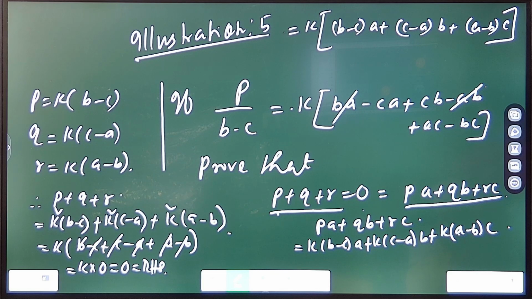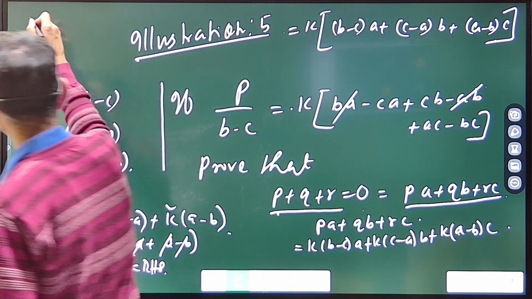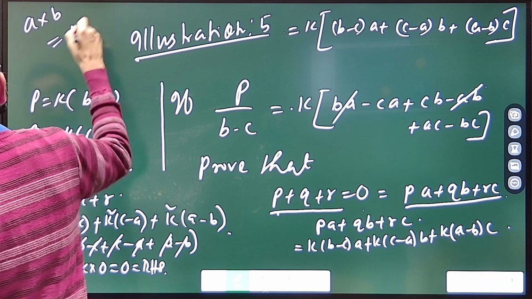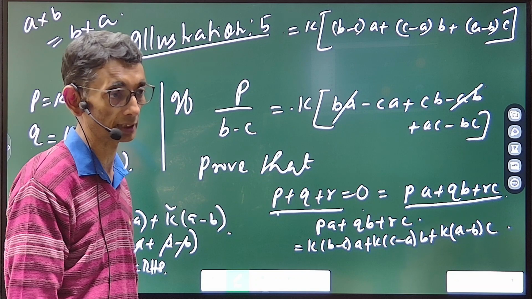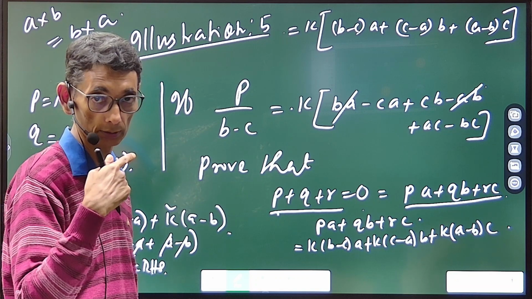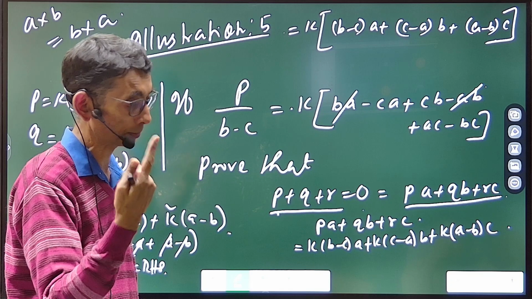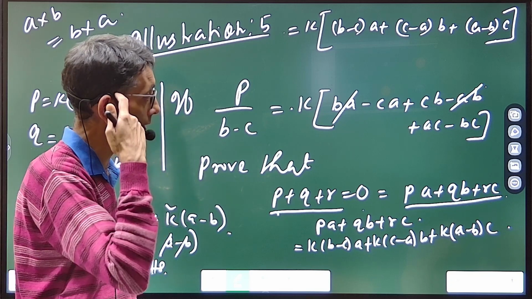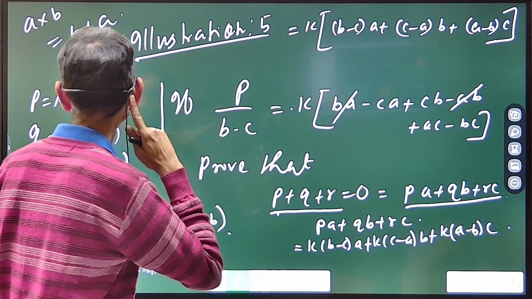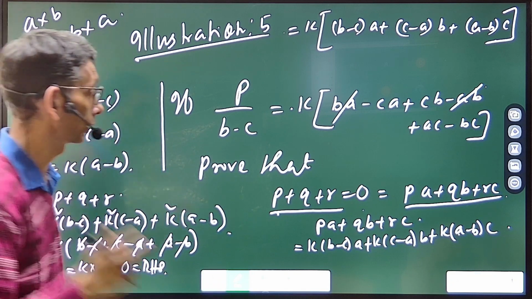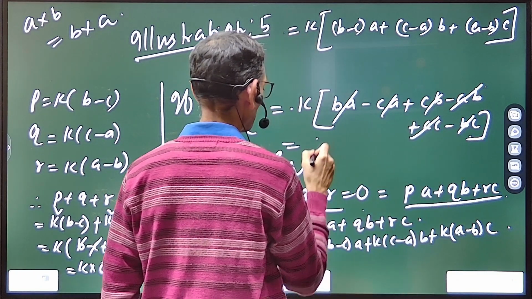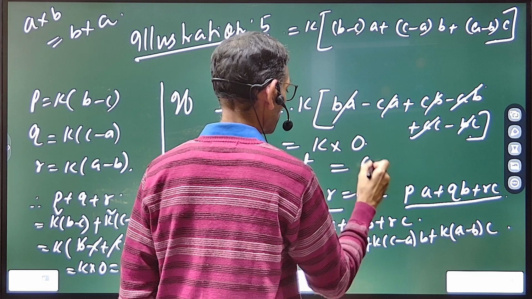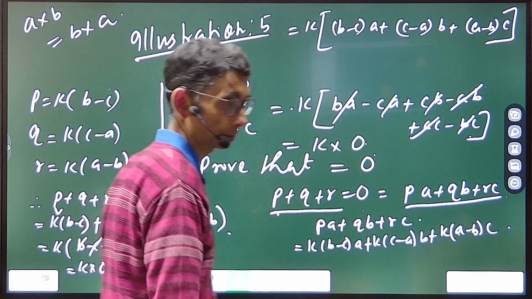This is called the commutative rule of multiplication. A into B is always equal to B into A. You got it in class 8. The commutative property of multiplication. A into B is equal to B into A, right? Okay. Now CA, CB, BC cancel out. So it is K into 0, equal to 0. Hence proved.